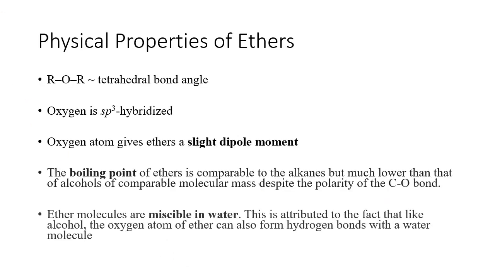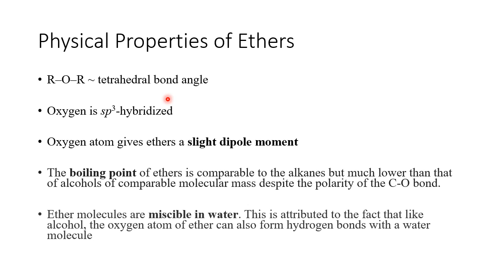Okay, now let's talk a little about the physical properties of ethers. Ethers, as you all know, have an sp3 hybridized oxygen, which means that the oxygen is a tetrahedral atom. So the bond angles in ethers are tetrahedral bond angles. Of course the tetrahedral bond angle, as we all know, is somewhere between 108 to even 112.